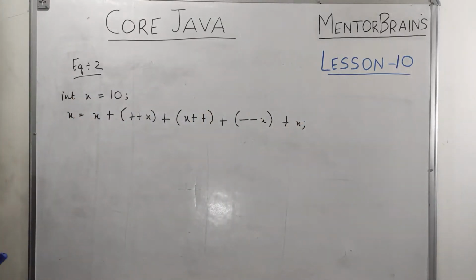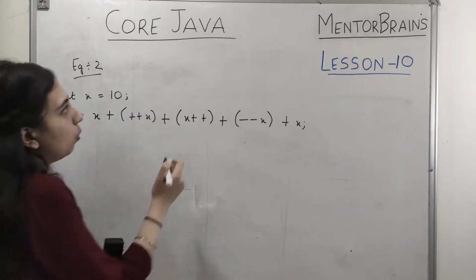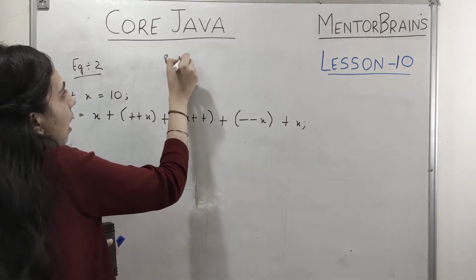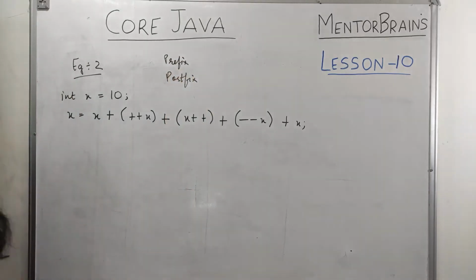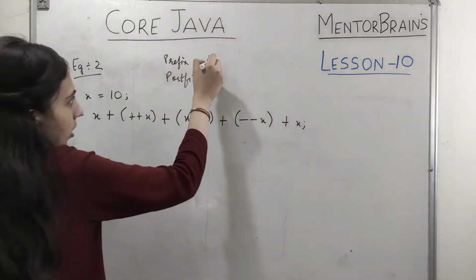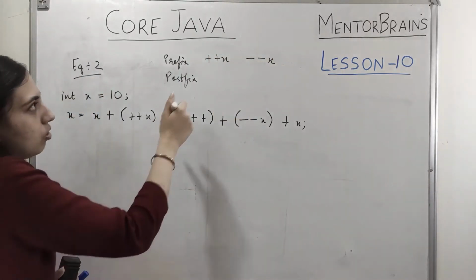Okay, so what is here? x plus x means, as I've already told you, that they are prefix and postfix increment and decrement operators. So this one is your prefix one and this one is your postfix one.